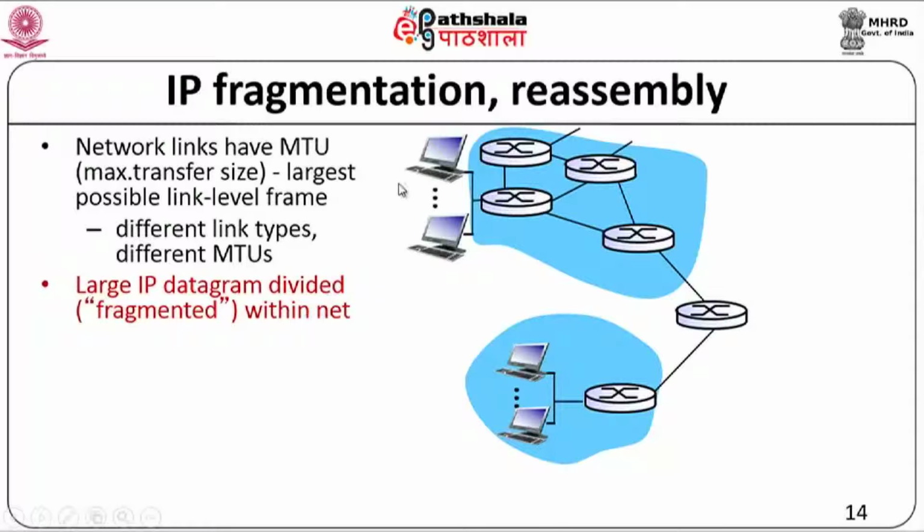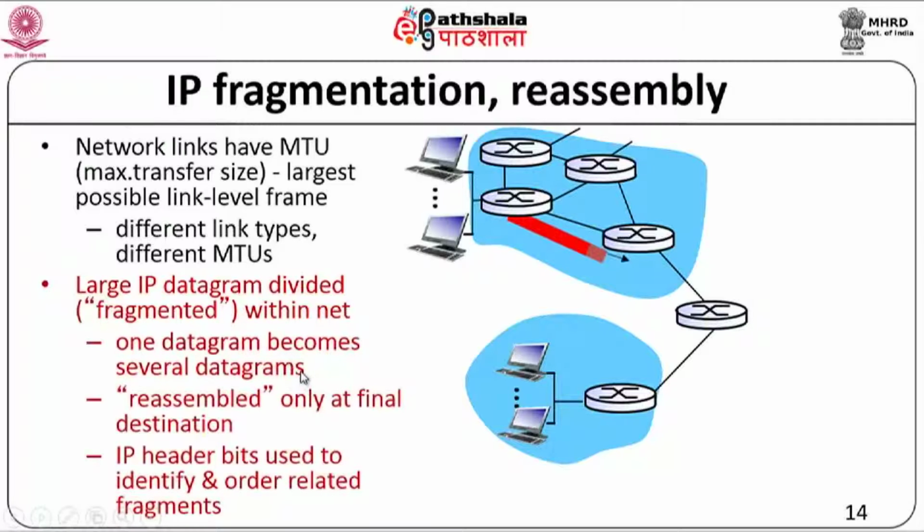In order to do this fragmentation, in order to break it up, it needs to have some fields which allow it to identify the fragments and which also allow it to put them back together. So, a large IP datagram will be divided, fragmented within the network, and this is handled totally by the IP protocol. One datagram can become several datagrams.